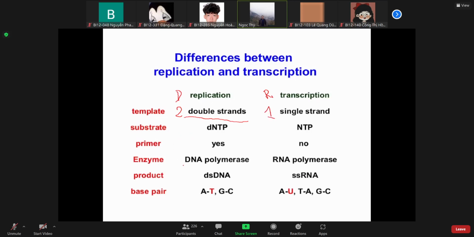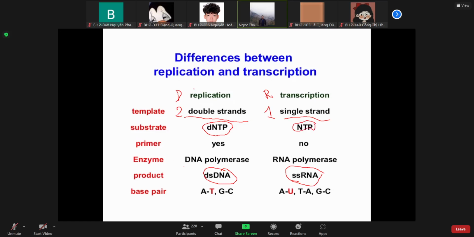So the product of DNA replication is double-strand DNA, because two DNA strands are used as templates, and here it is a single-strand RNA because only one strand was used as a template.